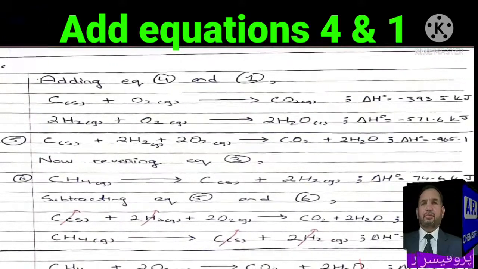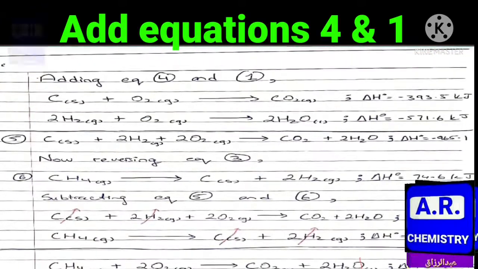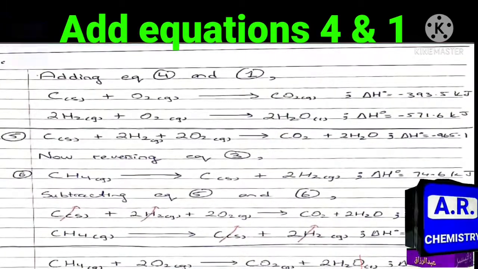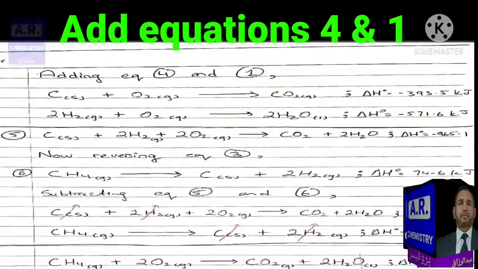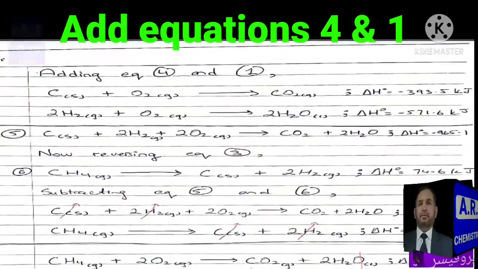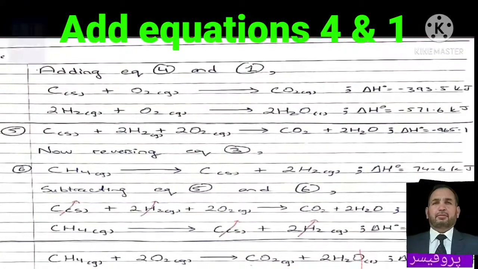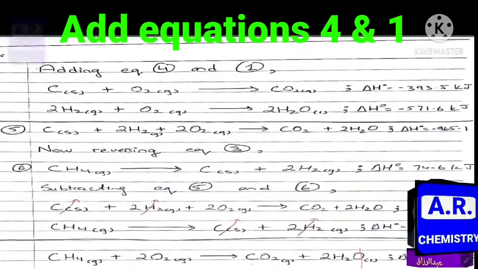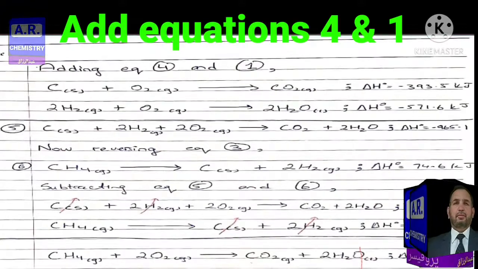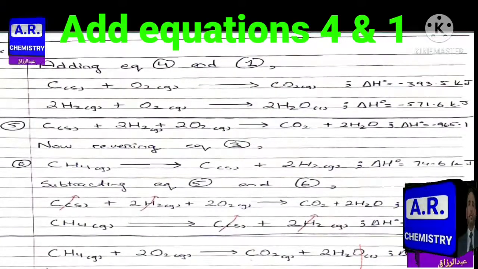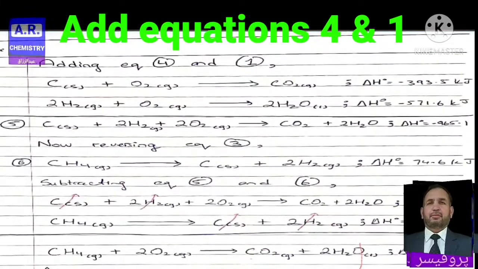The equations which are being added here are equation number 4 and equation number 1. Equation number 1 is the formation of carbon dioxide. Equation number 4 is the formation of water that was multiplied with 2 along with their heat values.